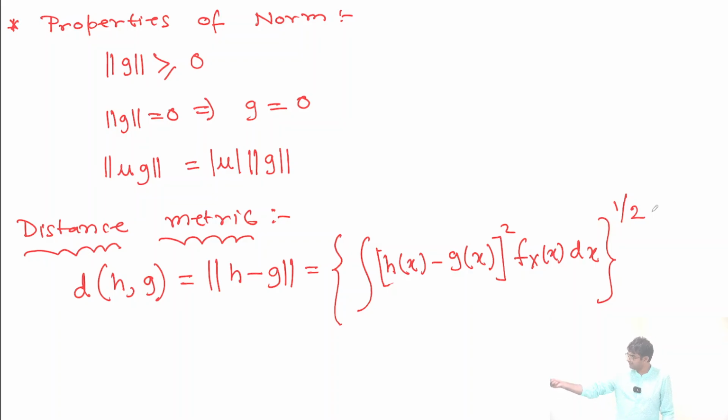And you can understand that this is giving some distance between the two, weighted by the probability measure, which is the PDF, right. What are the properties of distance metric?